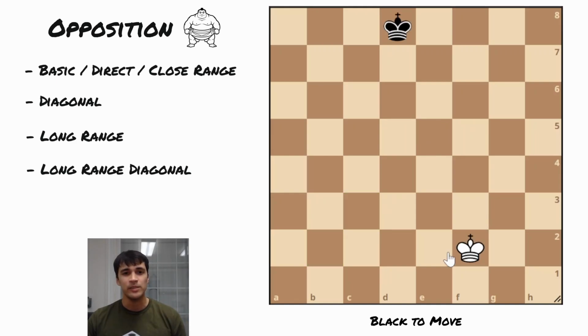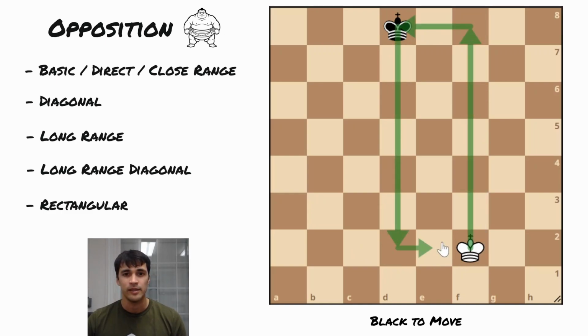And the last type of opposition is called rectangular opposition. So rectangular opposition is when the 2 kings form a rectangle and there's an odd number of squares both along the file and along the rank. So here there are 1, 2, 3, 4, 5 squares between the 2 kings along the file, and along the rank there is 1 square in between the 2 kings.